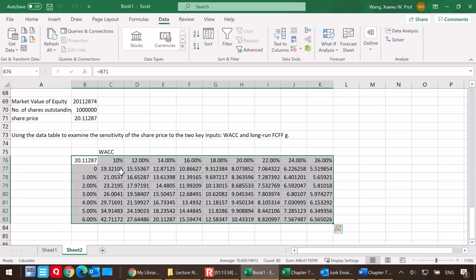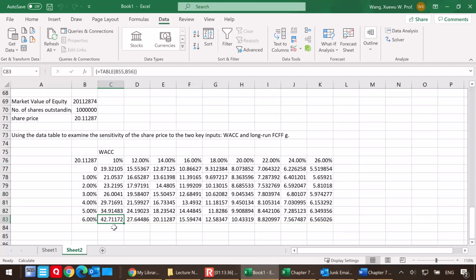So the best share price is on the bottom left corner. The lowest share price is on the top right corner. This is when the WACC is the highest and the long run free cash flow growth rate is the lowest. You see that in the illustration we have here, there is a substantial difference between the lowest and the highest stock price.